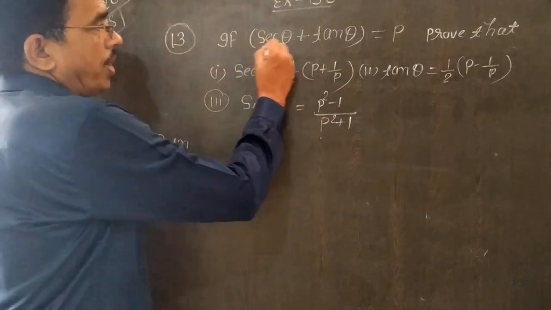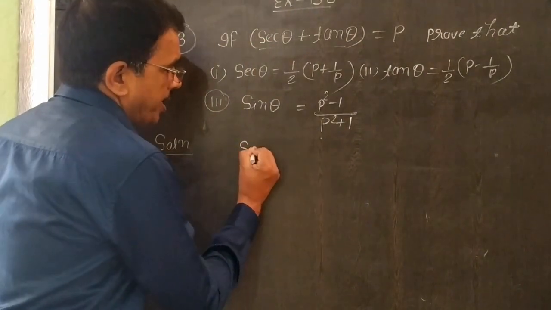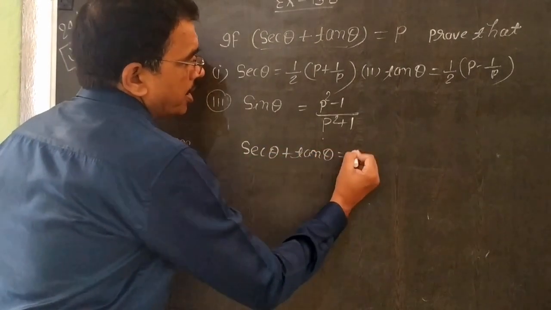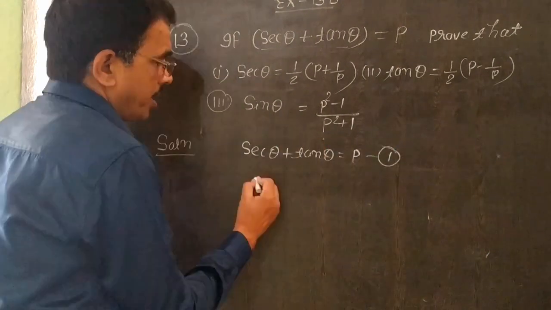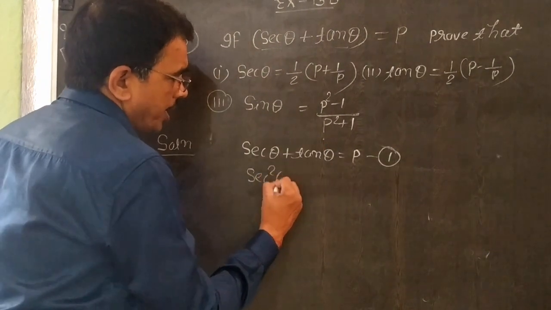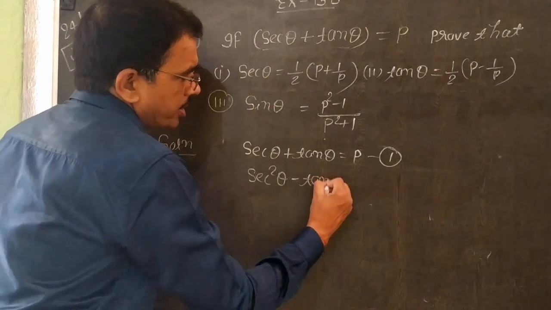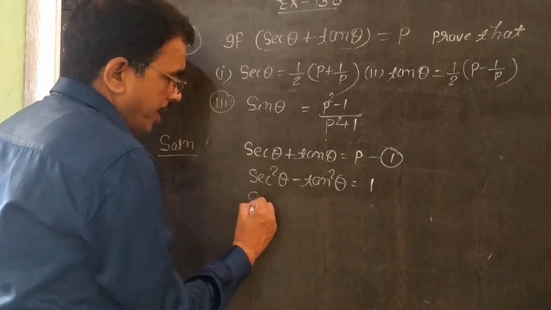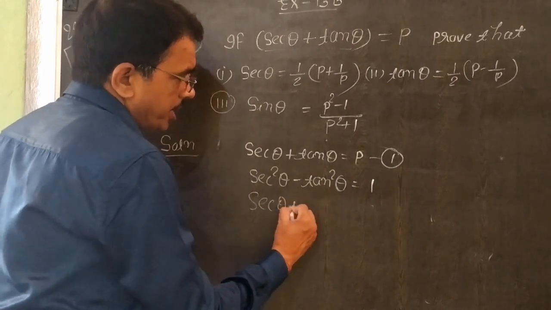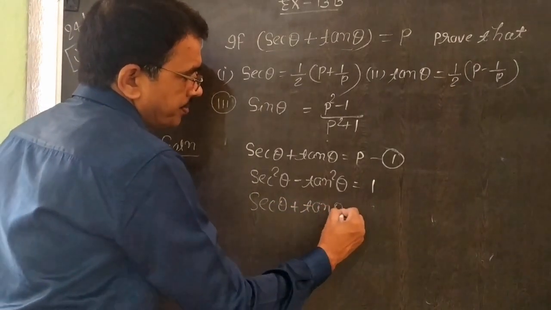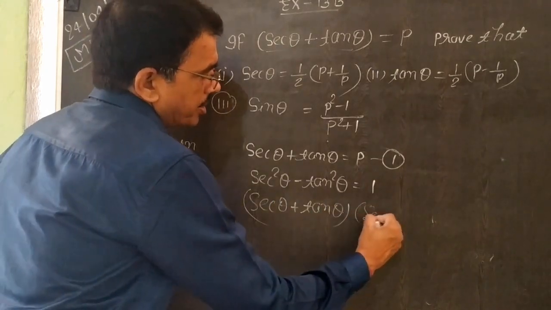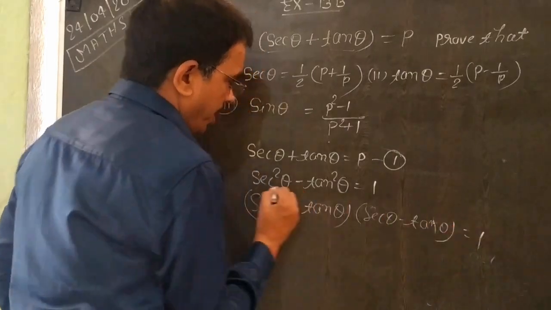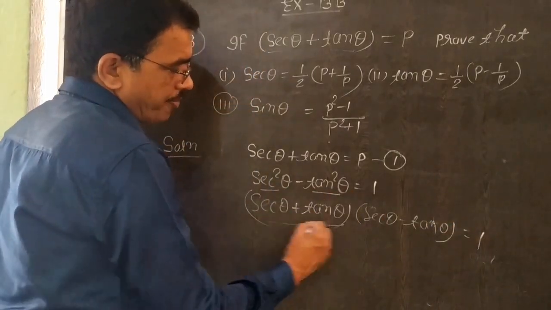So student, first, what is given? We write here: sec theta plus tan theta is equal to p. It is given. And we also know that sec squared theta minus tan squared theta is equal to 1. It is the identity. So we write a plus b, sec theta plus tan theta, and sec theta minus tan theta is equal to 1, because a squared minus b squared is a plus b times a minus b.